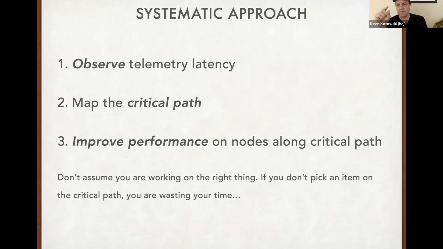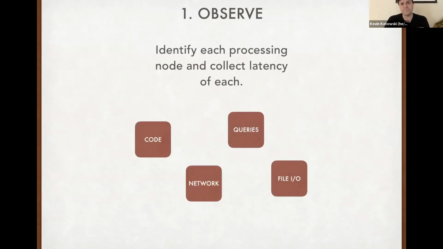Don't assume that because you think you've spotted something that can help, it necessarily is helping, especially in a language like JavaScript, where some things are happening concurrently whether you want them to or not, and you have to actually build in dependencies in order to prevent them from all happening at the same time. So this first step is observing.